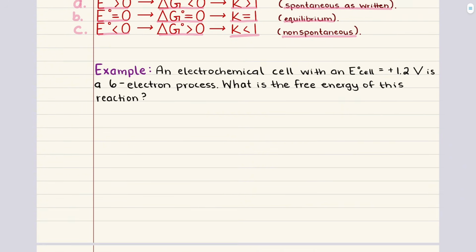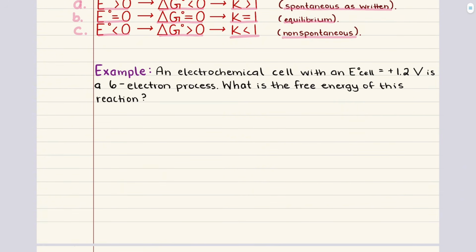Let's look at a quick example to apply this. Suppose we have an electrochemical cell with a standard cell potential of positive 1.2 volts, and the reaction transfers 6 electrons. The question is, what is the free energy change? To answer this, we would substitute those given values into delta G naught equals negative NF times E naught.